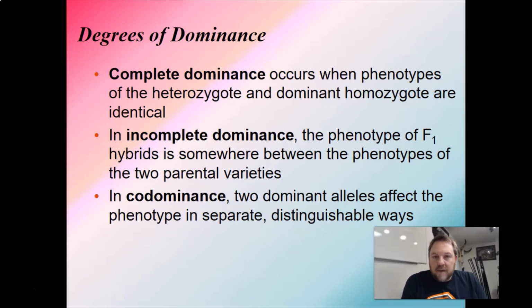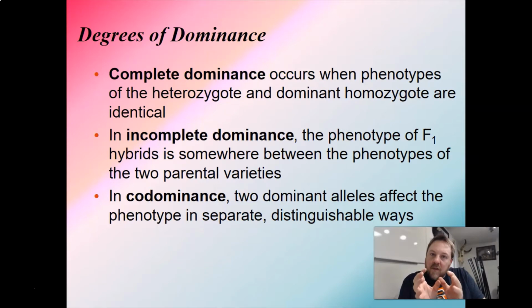So incomplete dominance, that's when the phenotype of the F1 hybrids is somewhere in between. Now that's the definition of incomplete dominance, but here's the way I like to think of it. When you have true breeding dominant and true breeding recessive, and then you have a heterozygote, so think of the two homozygotes, and then think of the heterozygote.